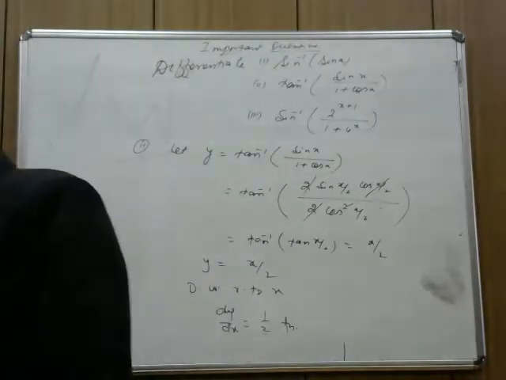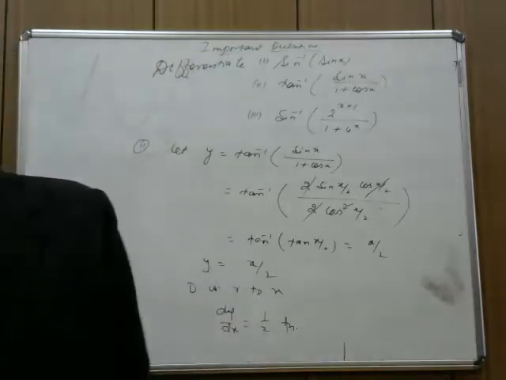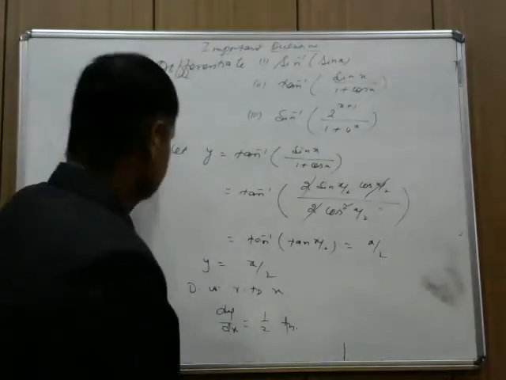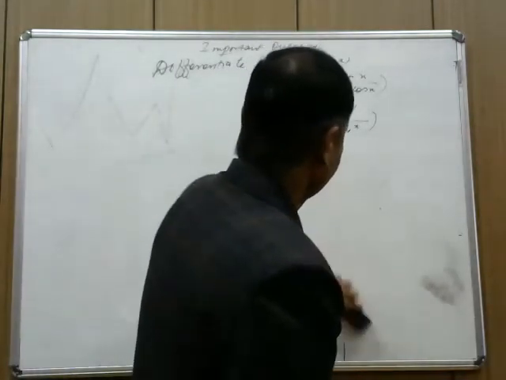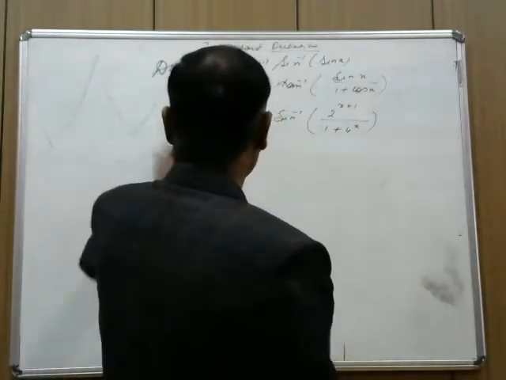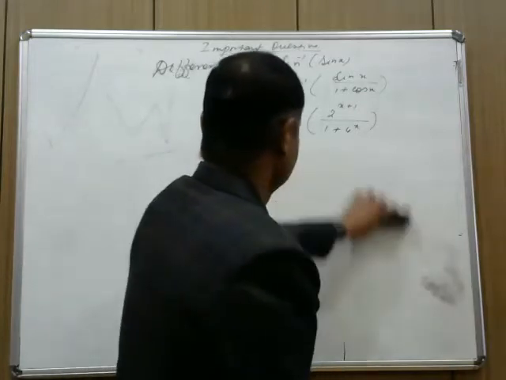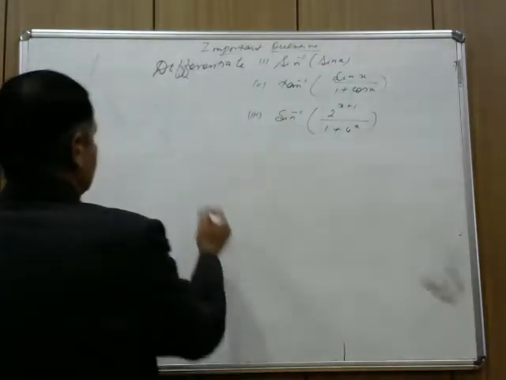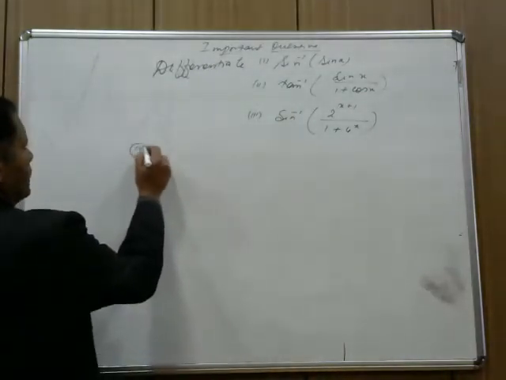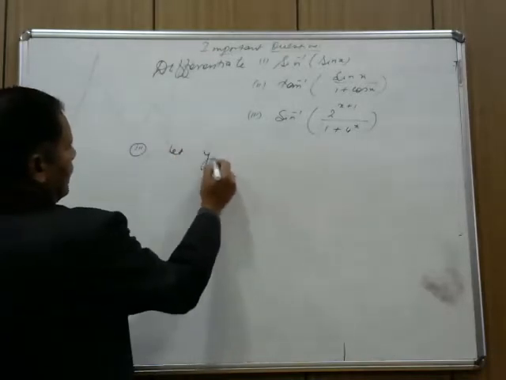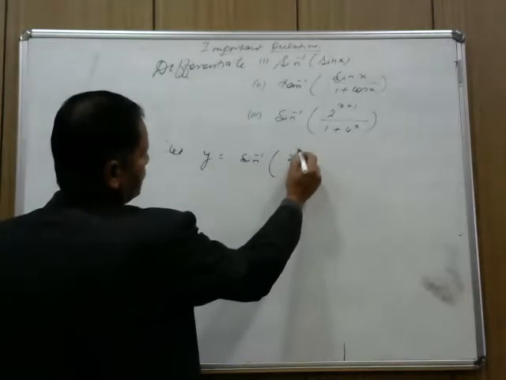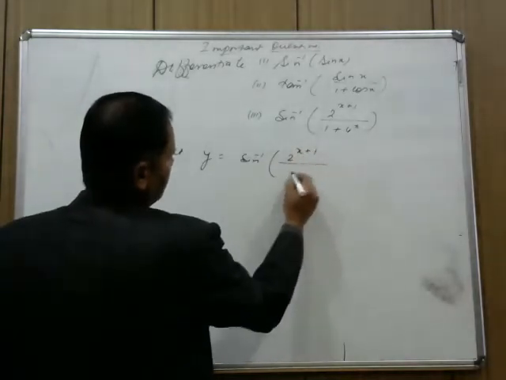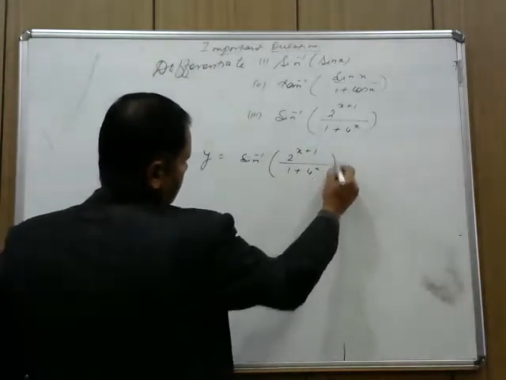Now the third question is sin inverse. In the third part we have let y is equal to sin inverse 2 to the power x plus 1 by 1 plus 4 to the power x.